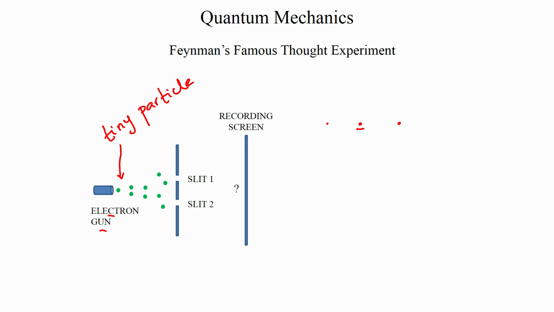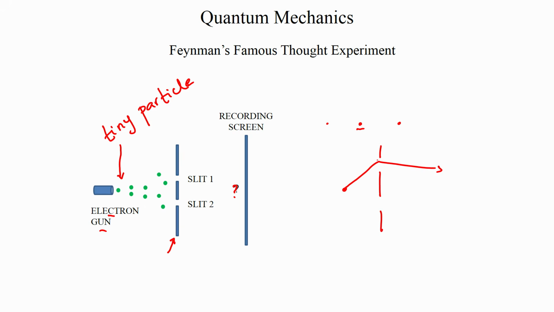And you perform the same experiment. You still have your barrier with two slits and you have a recording screen. And the question is, what do you think will happen here? Okay. Now if you follow the intuition of the marble, if you think of electrons as discrete particles that are very tiny, you would expect that one particular electron chooses to go through any one slit, right.